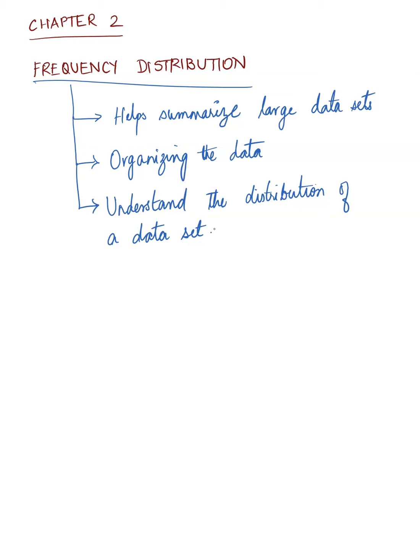Similarly, when we organize data, we are able to understand, based on the summary, the nature of the distribution. And just like math, we have different shapes that indicate different distributions. So we have normal distribution, binomial distribution, Poisson distribution, uniform distribution, and so on.